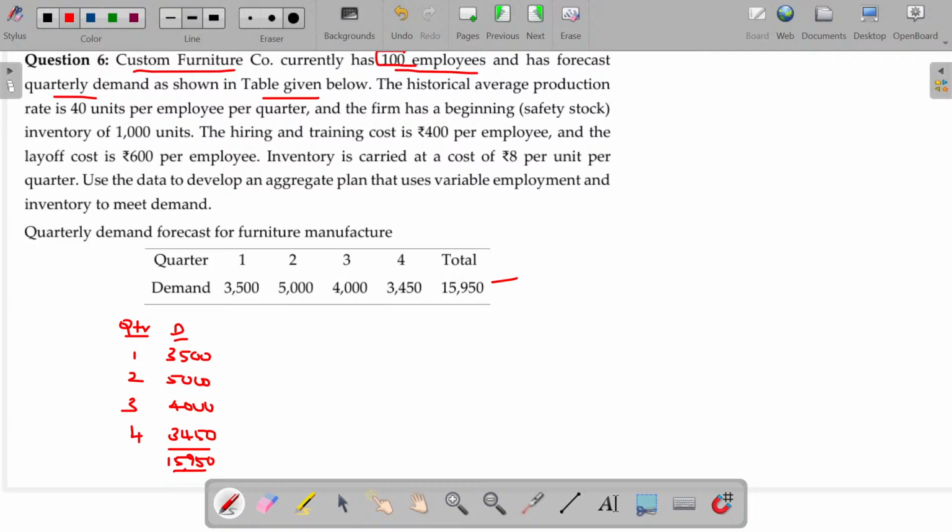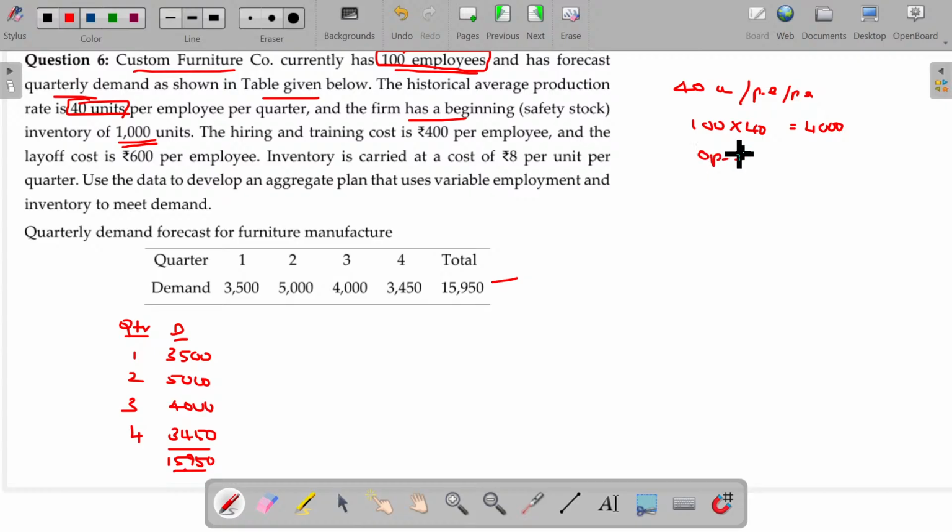Current number of employees they have being 100 employees. The historical average production rate is 40 units per employee per quarter. So 100 employees means 4,000 units can be produced. And then the firm has a beginning safety stock inventory of 1,000 units.